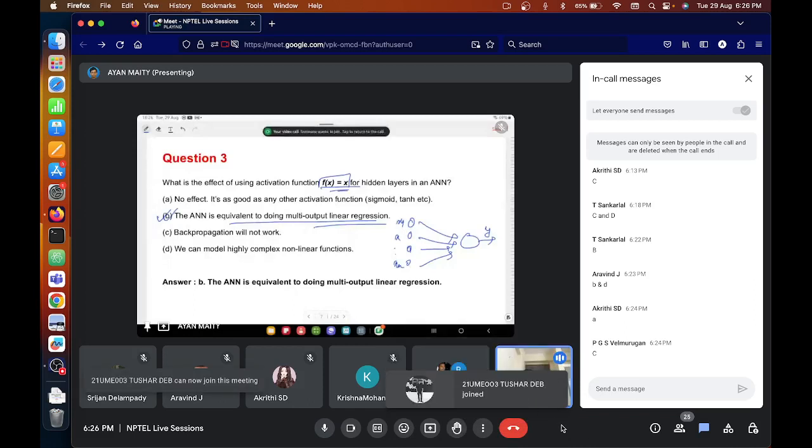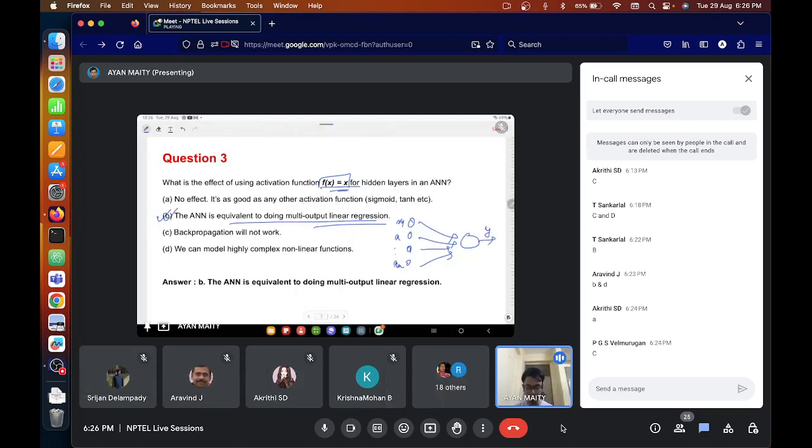So this linear activation function is not as good as other activation functions like sigmoid, tanh. The main objective of applying activation functions like sigmoid, softmax, tanh or ReLU is that they bring non-linearity into the neural network's computation.